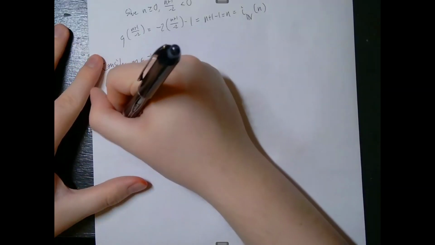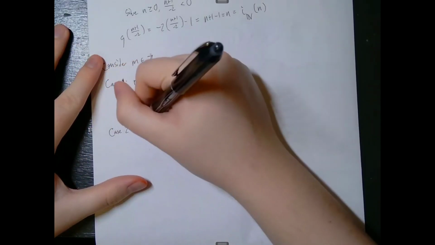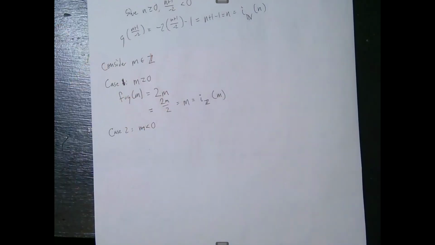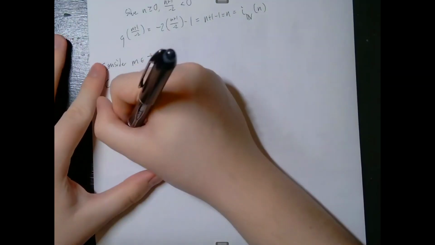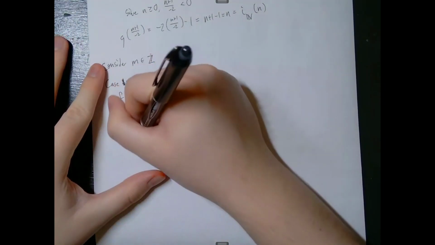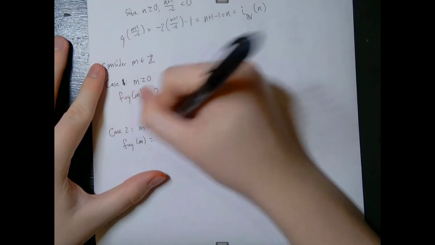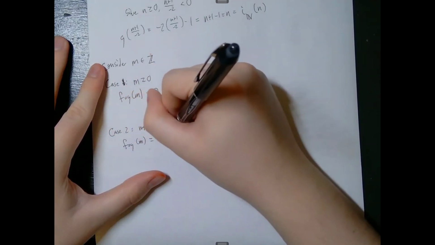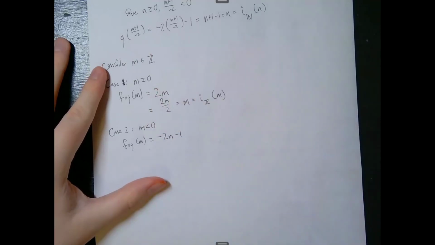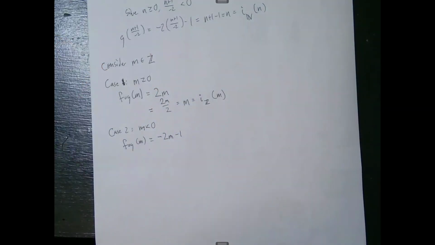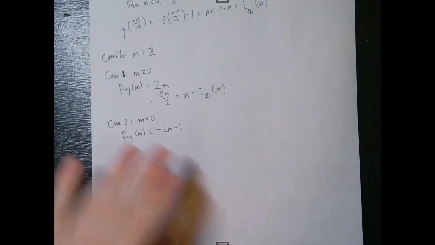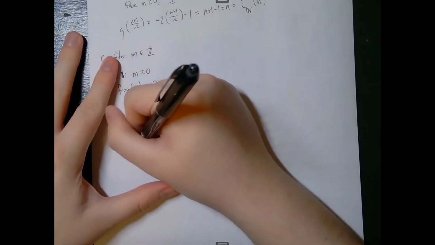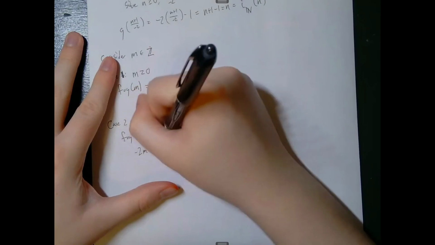In case 2, m is less than 0. So f composed with g of m is going to be negative 2m minus 1. And we can note that negative 2m is even.